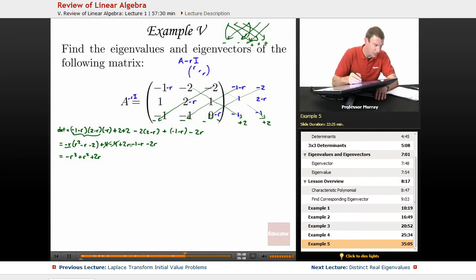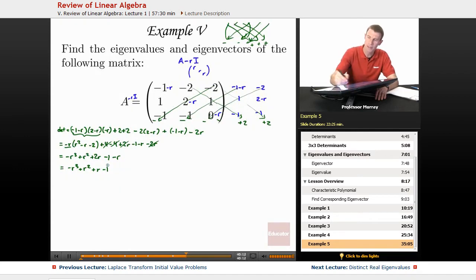I see I've got a -1. And 2R minus 2R cancel, but I still have a minus R here. And so if I simplify that all down, I've got -R cubed plus R squared plus 2R minus R is plus R, minus 1.